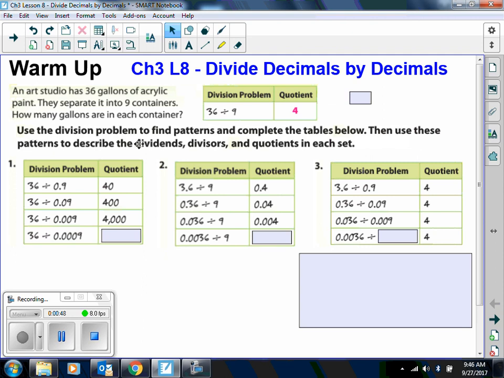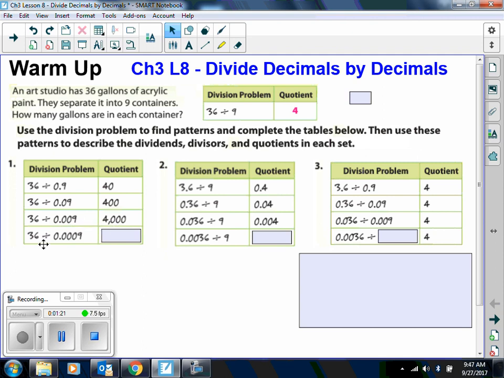Use this division problem to find patterns and complete the table below. Then use the patterns to describe the dividends, divisors, and quotients in each set. So here, when we did 36 divided by 9, or 9 tenths, we get 40. 36 divided by 9 hundredths is 400. 36 divided by 9 thousandths is 4,000.